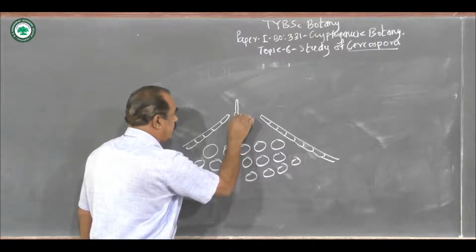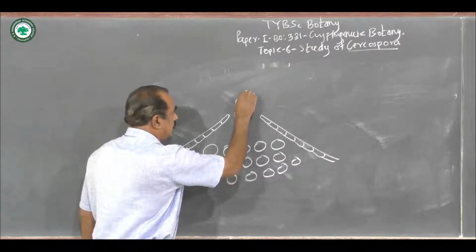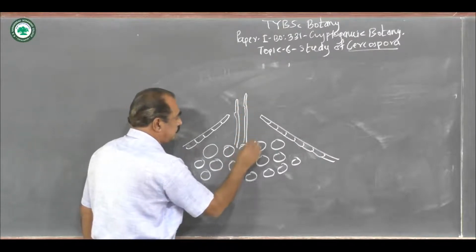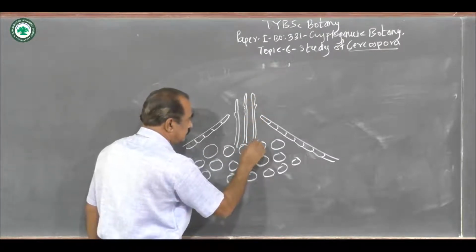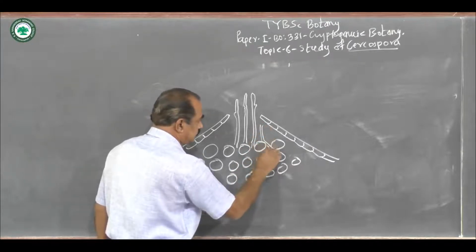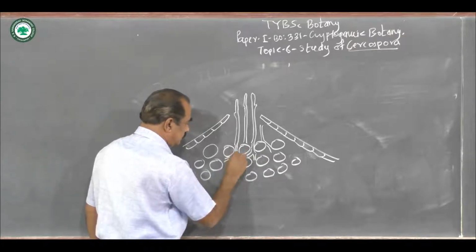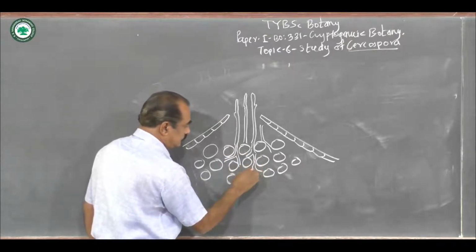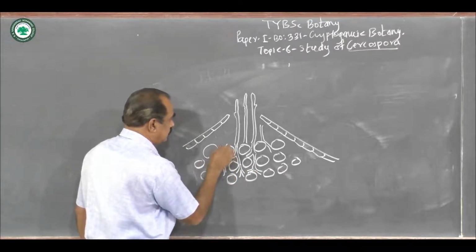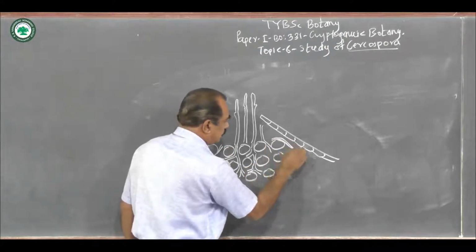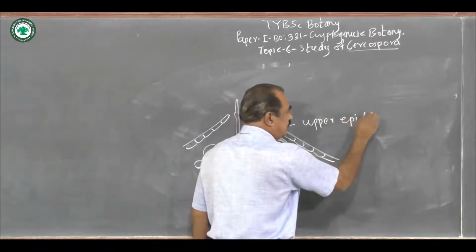So this is the conidiophore. This is the upper epidermis of the host.